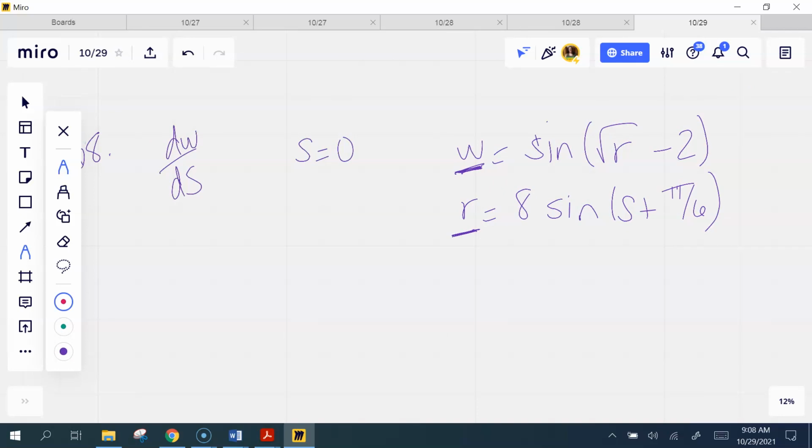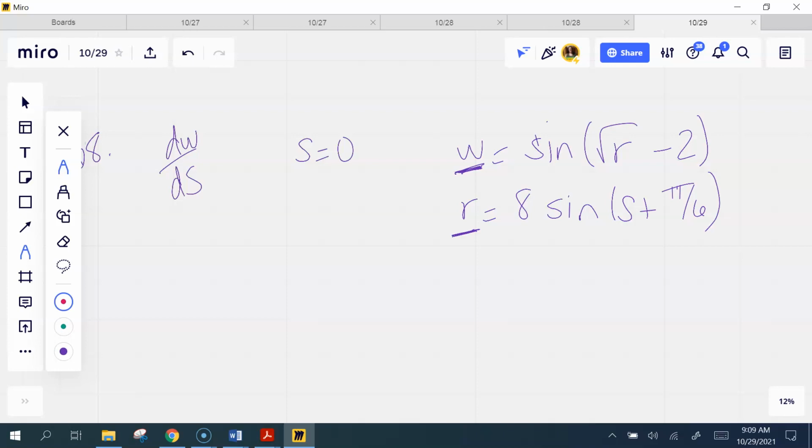So whenever we take the derivative of w, on that first one, you got to plug in the whole equation for r. So you could do that. If you're plug-in people, you can do that.